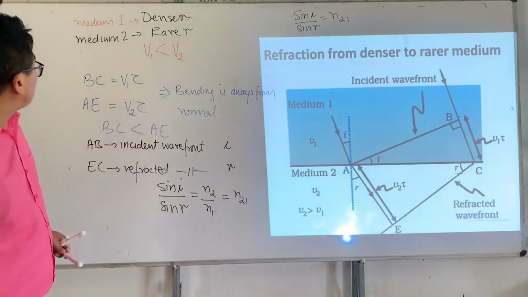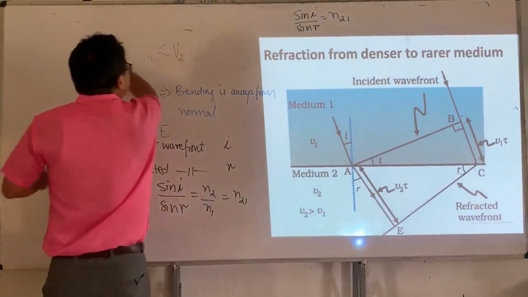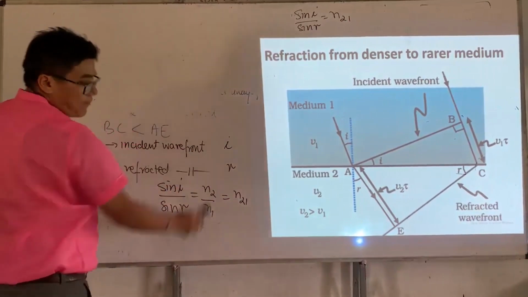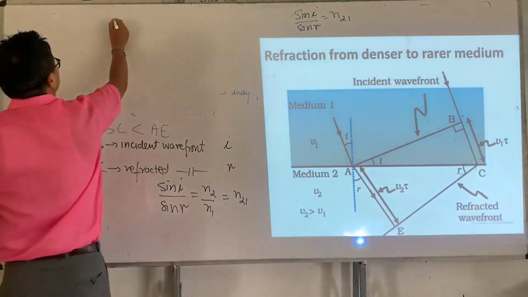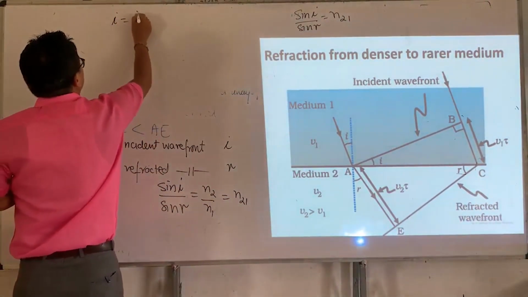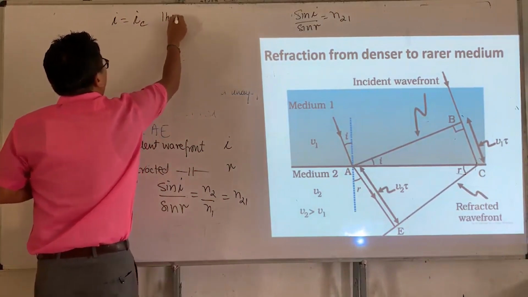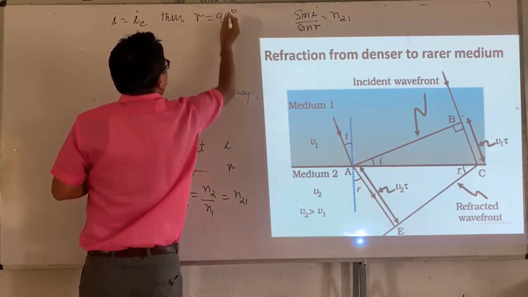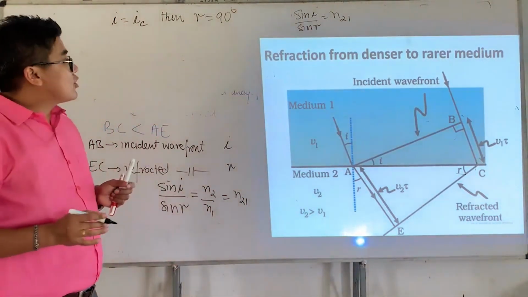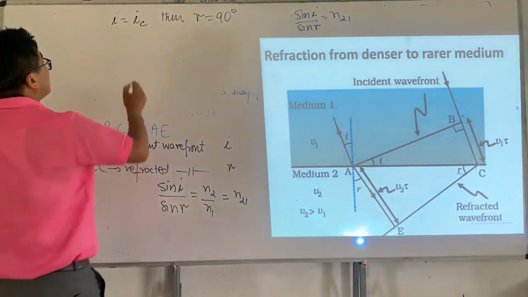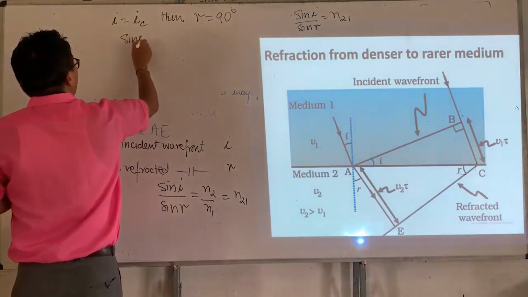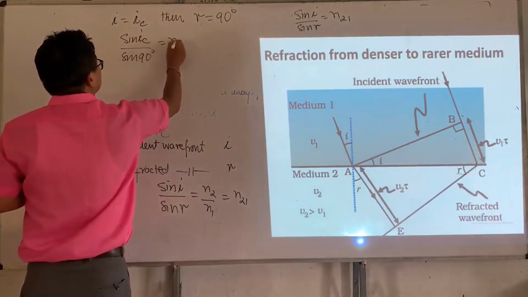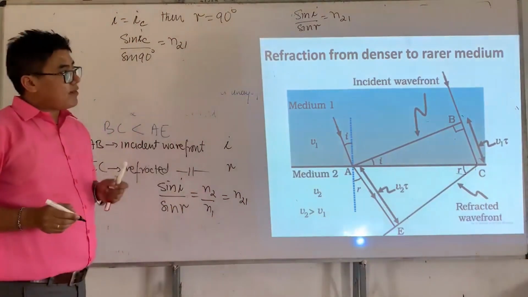Now let's say at the critical angle, if i is equal to iC, then r is going to be 90 degrees. This is what we derive. Therefore sin iC is equal to sin 90 degrees divided by N21.